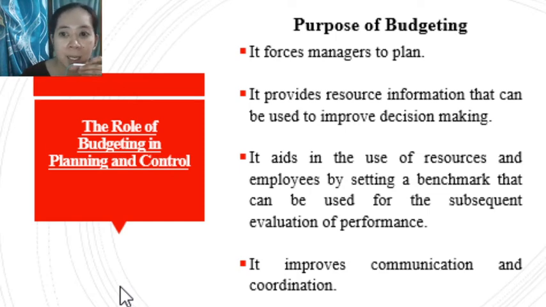So therefore, communication from the lower to the top management will be activated, and coordination will also play its role, especially in the decision making process. Okay, so that's the different purposes of budgeting. So if you could notice, it's very important for an organization to actually have their budgets.